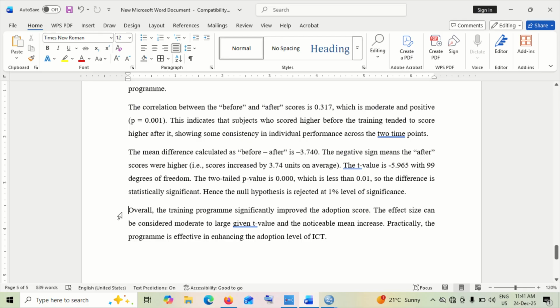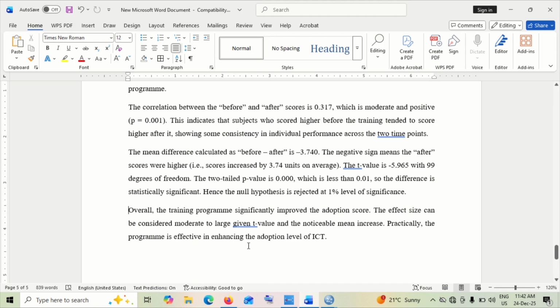Moving to the overall conclusion, the training program significantly improved the adoption score. The effect size can be considered moderate to large given the t-value and noticeable mean increase. Practically, the program is effective in enhancing adoption level of ICT.